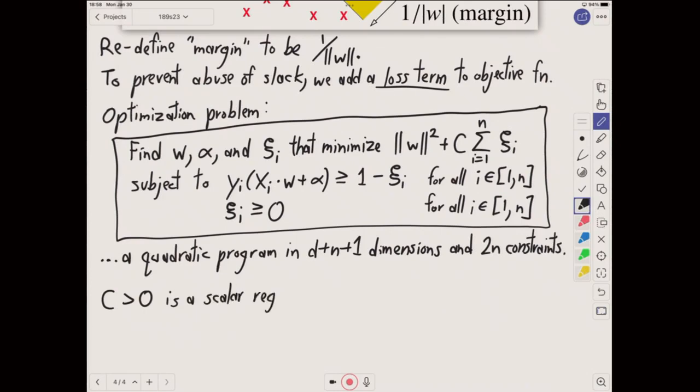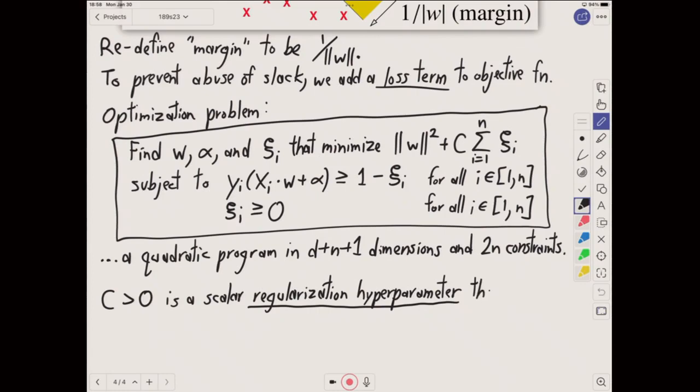Now, C is a hyperparameter. It's sometimes called a regularization hyperparameter because it helps regularize the solution. I'm not going to tell you what that means today, but in about 3 weeks we'll talk a lot about what regularization is.